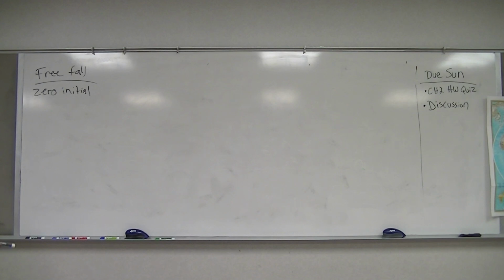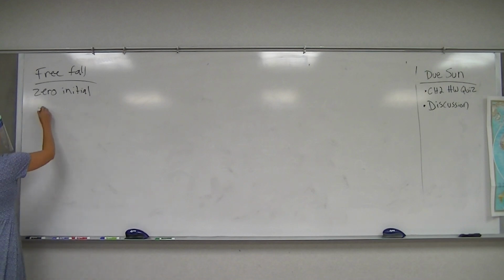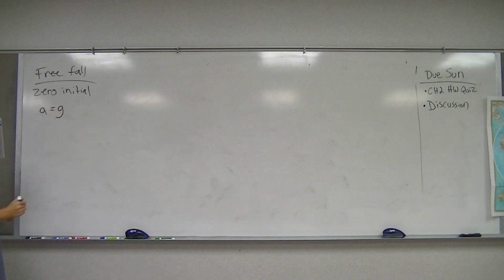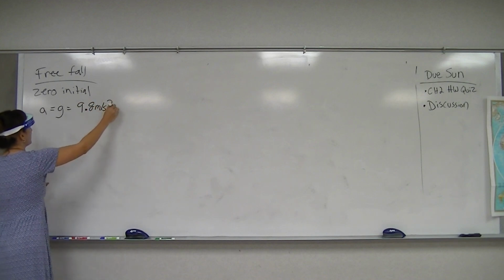Its initial velocity is zero. So that's why we're using the zero initial velocity equations for free fall, because the object's initially at rest before it starts falling. The key with these is our a, our acceleration, wherever you see a, is going to be equal to gravity. And I just said from the previous problem that gravity is 9.8 meters per second squared.